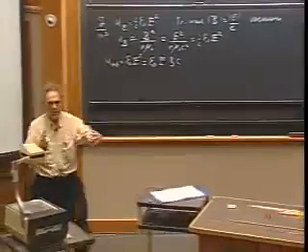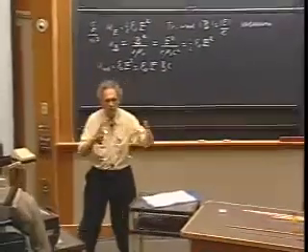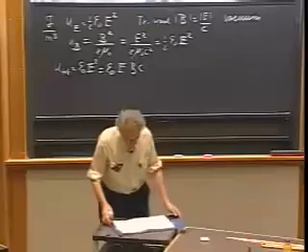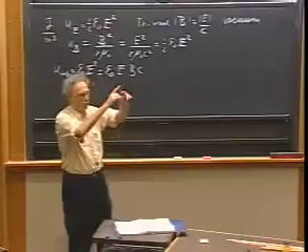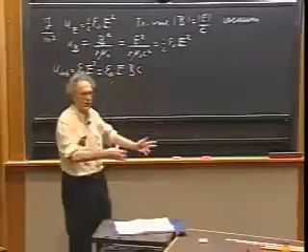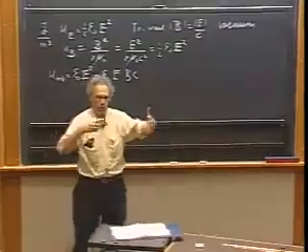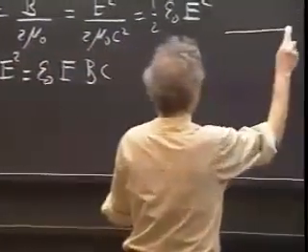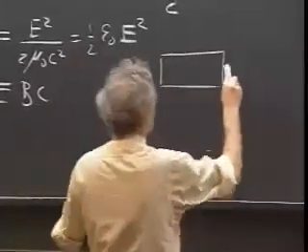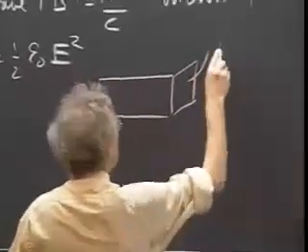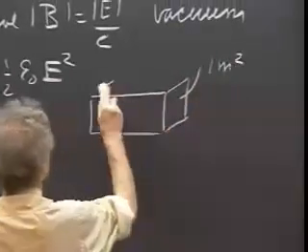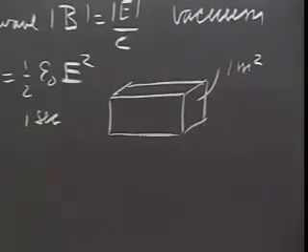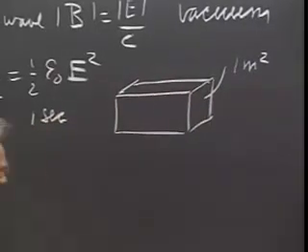Now there is a traveling wave, and this traveling wave moves, and so it carries energy with it. And now the question is, how much energy flows through an area which is, say, 1 square meter perpendicular to the direction of propagation? So suppose I have a box here, and this side is 1 square meter, and I want to know how much radiation comes out of there in 1 second.